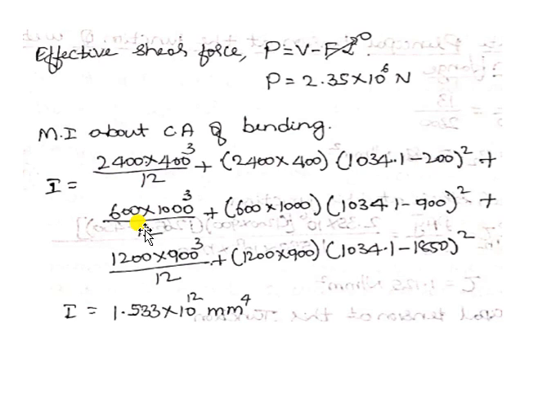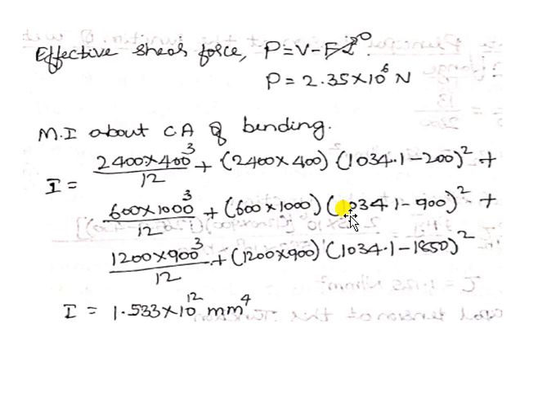And coming to the web, the moment of inertia is bd cube by 12. B is 600 and D is 1000, by 12, plus area 600 into 1000 into y bar minus y.